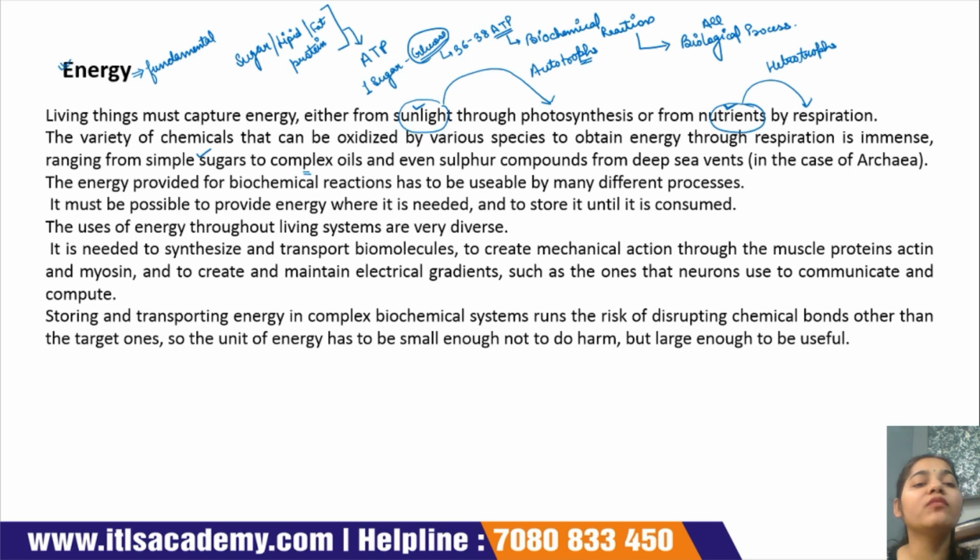Whenever one molecule of glucose is utilized, 36 to 38 molecules of ATP are released, and these are utilized in biological reactions responsible for almost all biological processes.